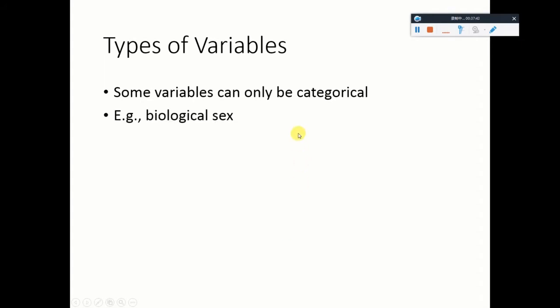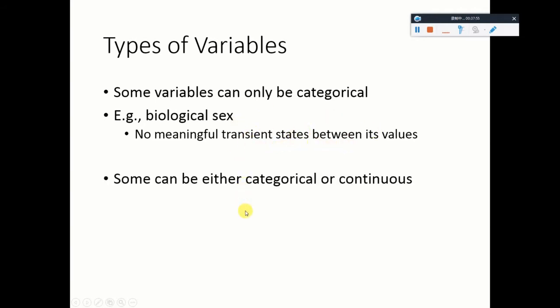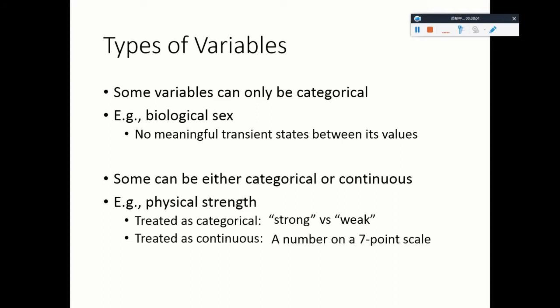All right, actually, we just went through this. Some variables can only be categorical, because there's no in-between, middle-of-the-road state between the two values. But some variables can be either categorical or continuous for reasons we just discussed. If we treat physical strength, for example, as categorical, we'll say someone is either strong or weak.